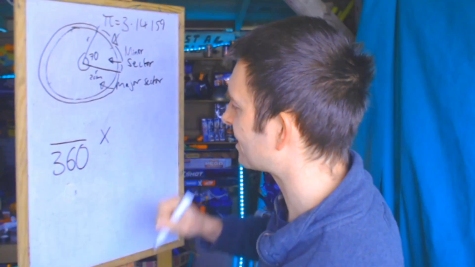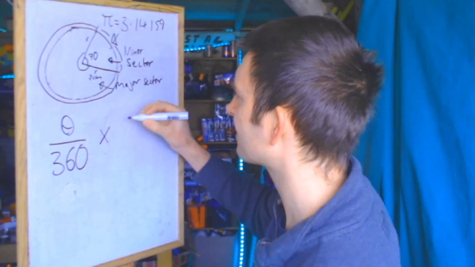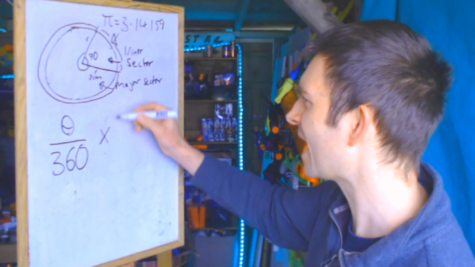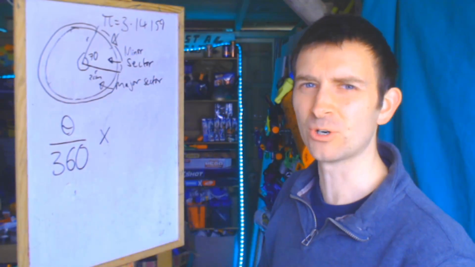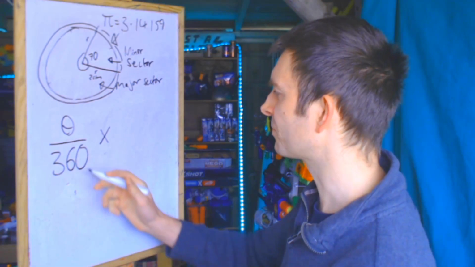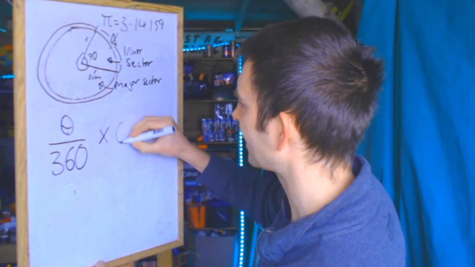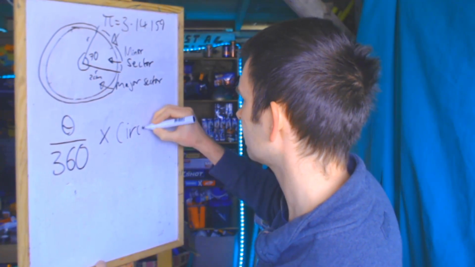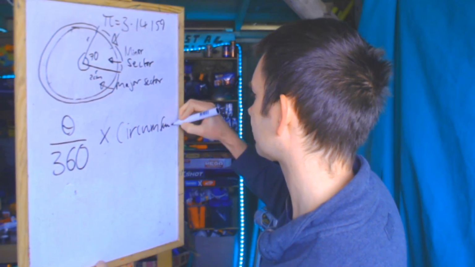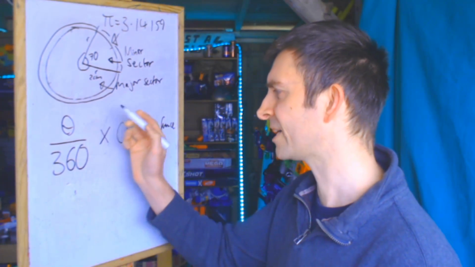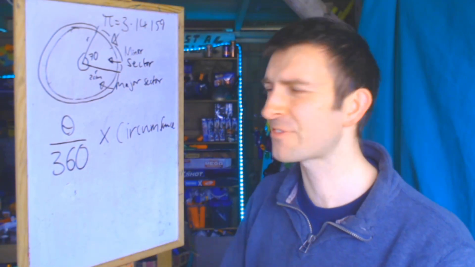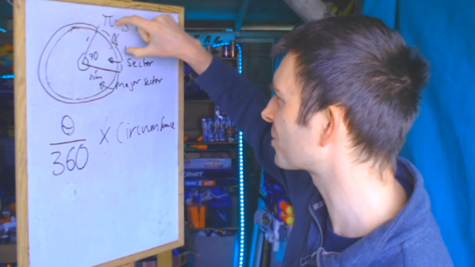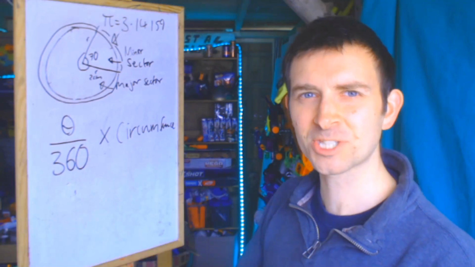We don't want the Easter egg divided by 360 times the area of the whole circle anymore. Now we want to multiply the length of the circumference. So we got the Easter egg divided by 360 to get that proportion of the circle we're interested in, times the circumference this time.